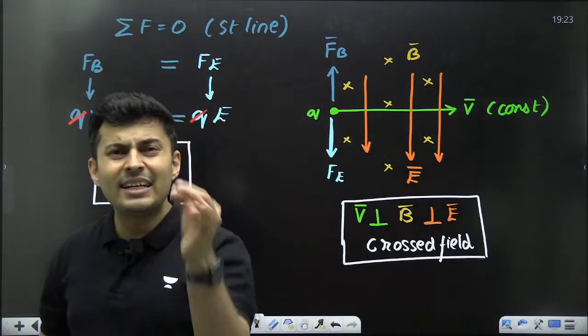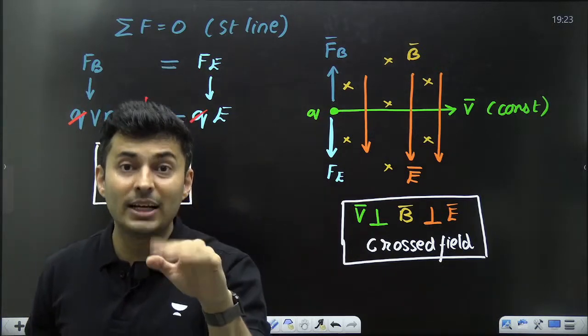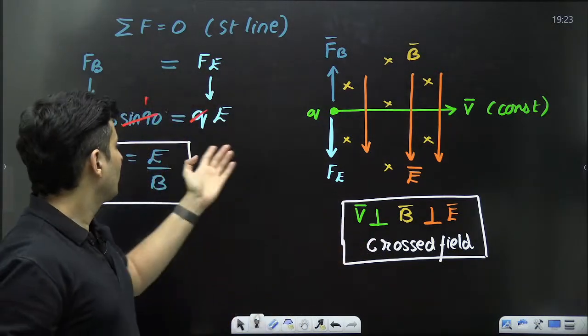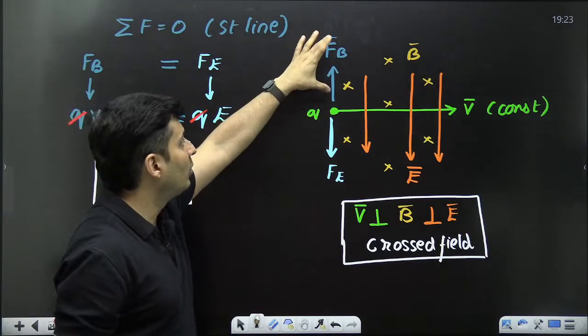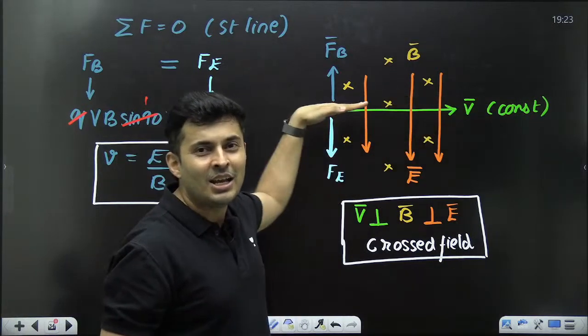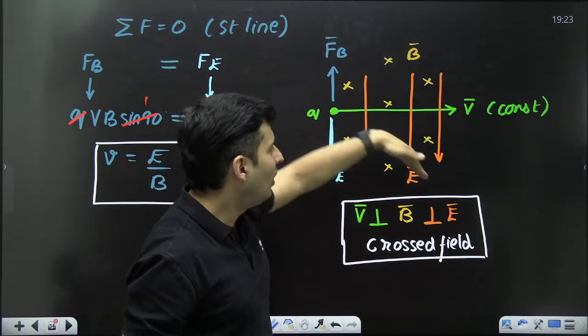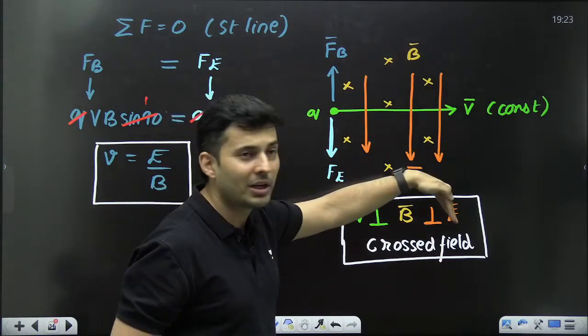If the speed is a little bit more or a little bit less, this ratio will not match. You will see one of the forces will be more than the other force. So the particle will not go in a straight line. It will get deflected either here or here. If this force is more, it will go here. If this force is more, it will go here.